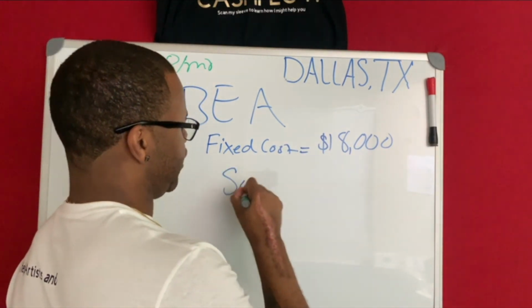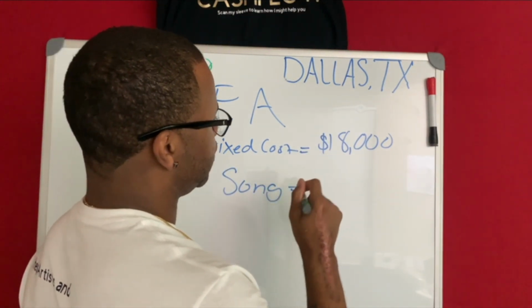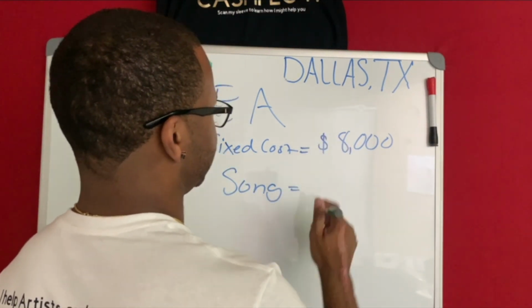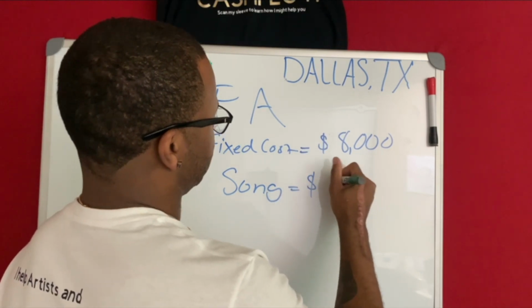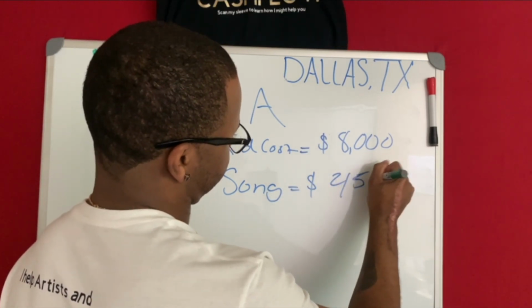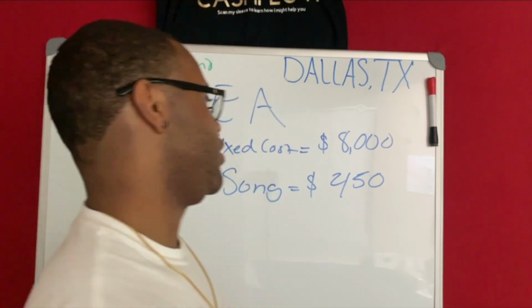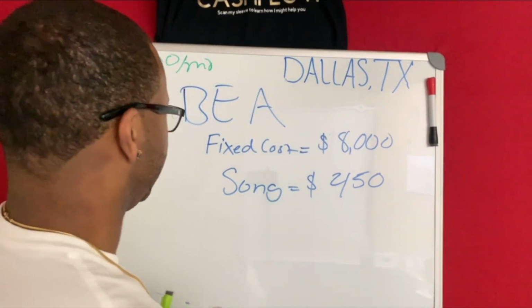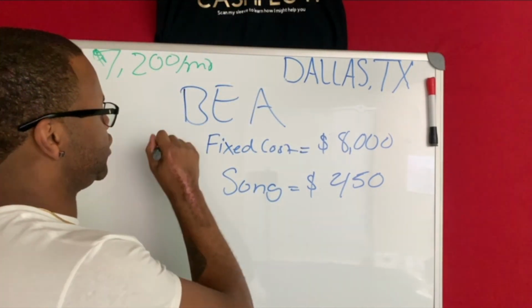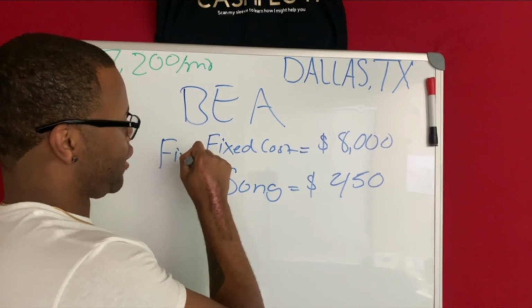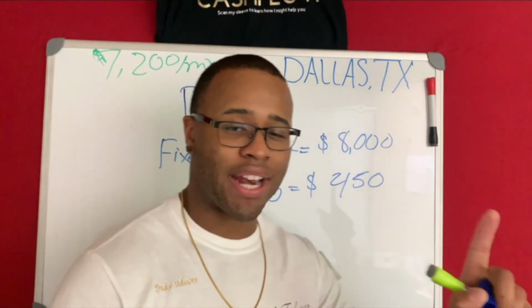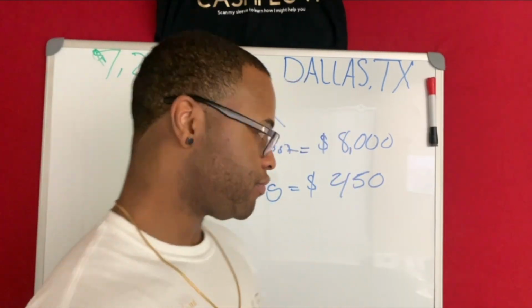And let's say the song was $450 to produce the song. Okay, so now I want to touch again on these, which are going to be added to our fixed cost because this is a one-time cost, right?